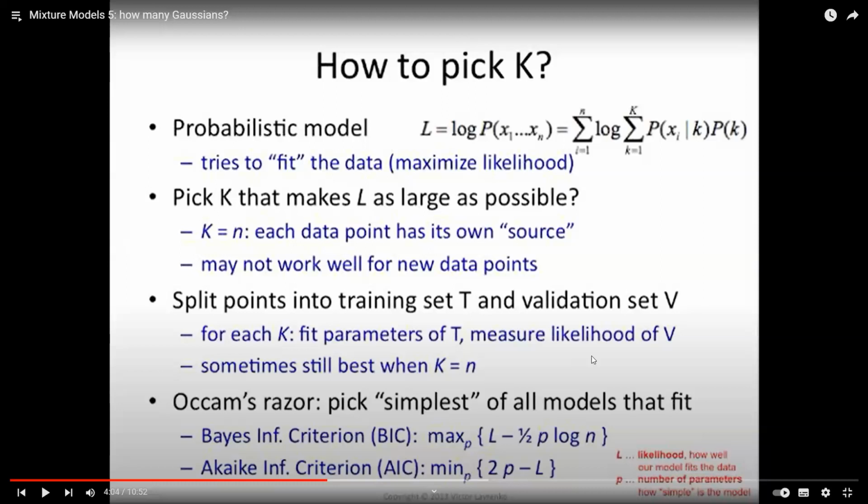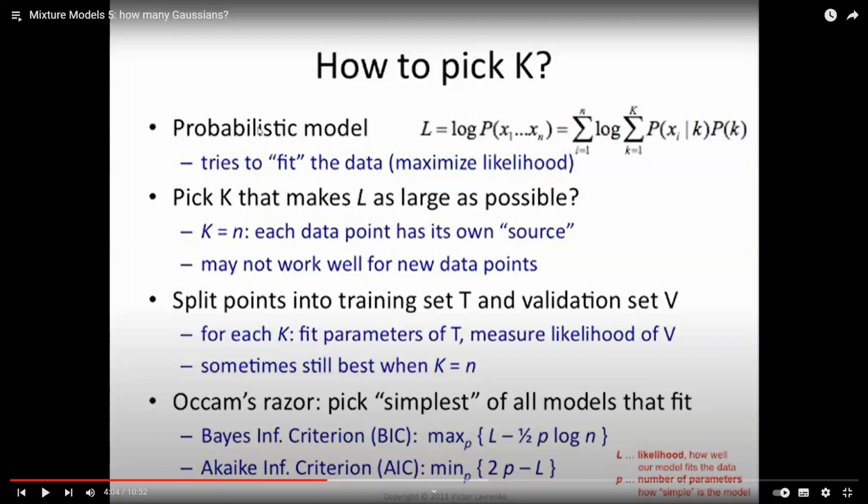Now I need you to make sure that when we say L, which means the likelihood function, it tells how well our model fits the data. If we use small p, then p is the number of parameters, which implies how simple our model is.